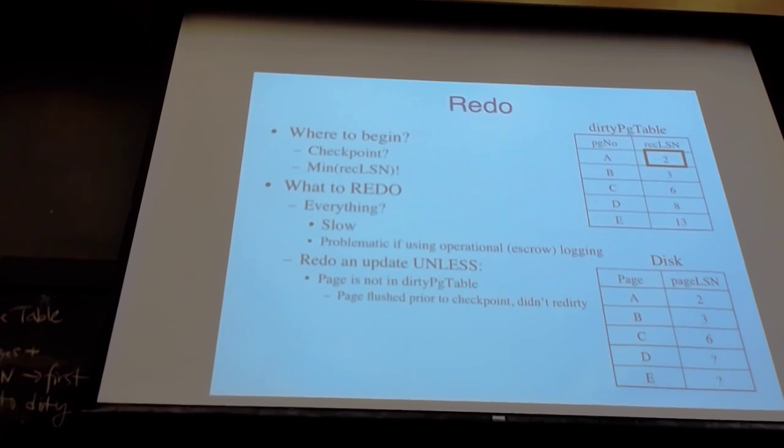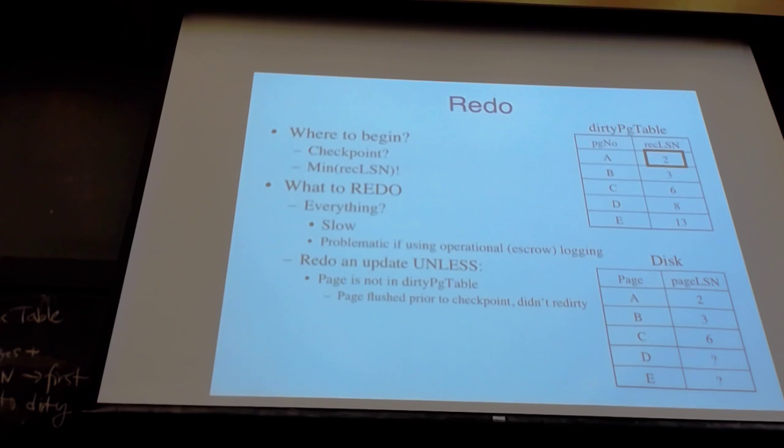There's no example of this in the trace I've given you here, but suppose there were some other page F that didn't appear in the dirty page table, and I encountered an update to that page F while I was doing recovery. Then I would know that I don't need to redo any modification to F, because F doesn't appear in the dirty page table, which means that it must have been flushed to disk prior to the latest checkpoint that I took. Does that make sense? Okay.